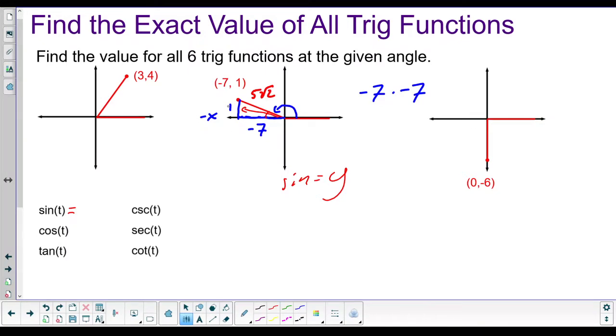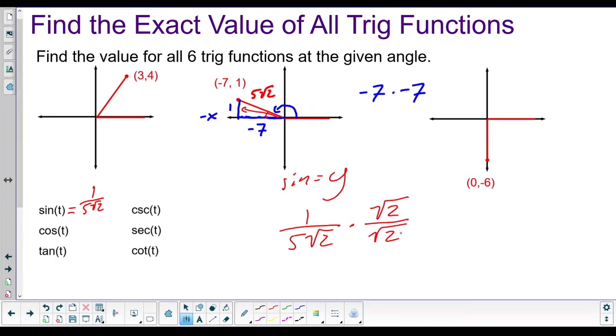So it's going to be 1 over 5 radical 2. Okay, we can't leave it like that though because we have a radical in the bottom. So the way we want to rationalize this is we're going to multiply by the radical on the top and the bottom.